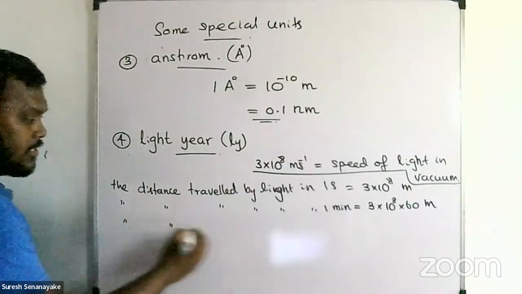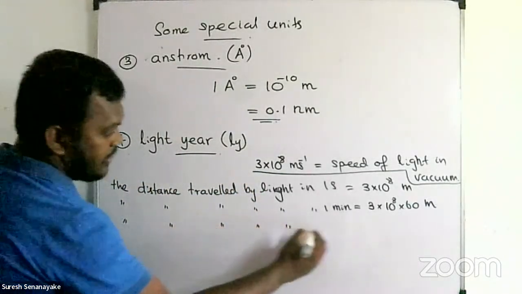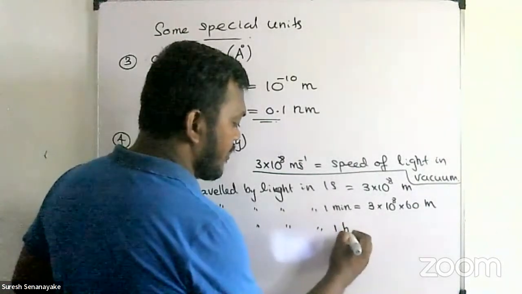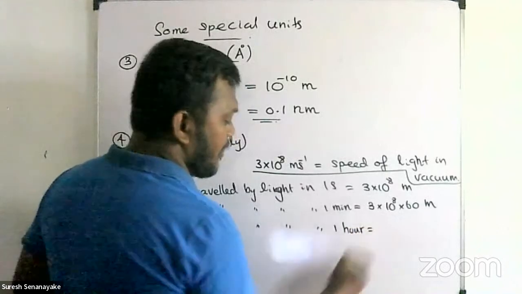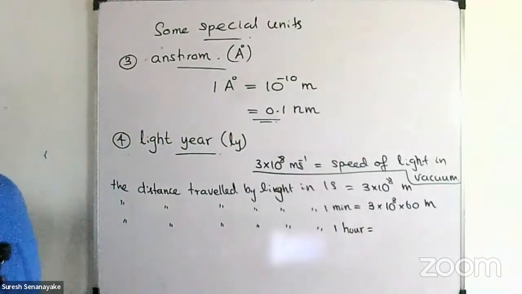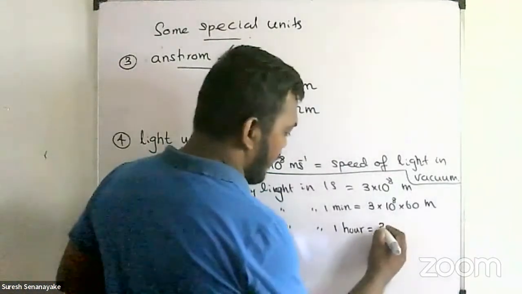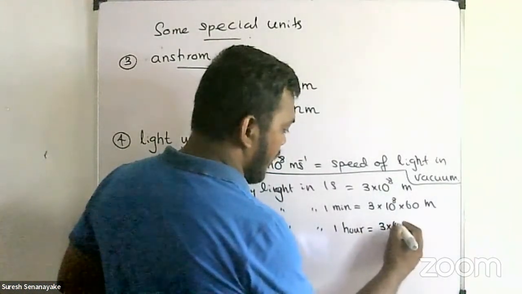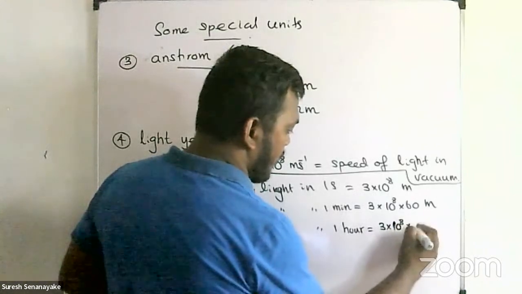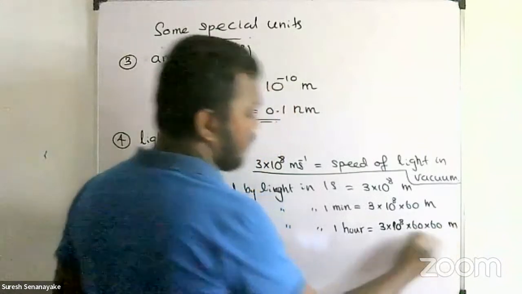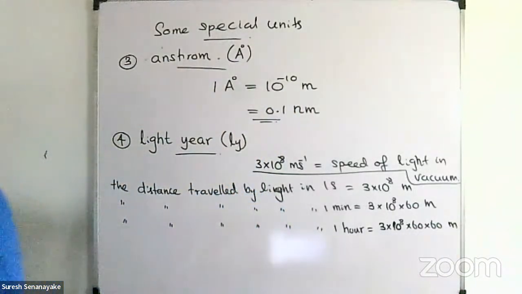And the distance traveled by light in 1 hour: you need to multiply by another 60, because there are 60 minutes per hour. So 3 into 10 to the 8 into 60 into 60, that is 3,600 meters.